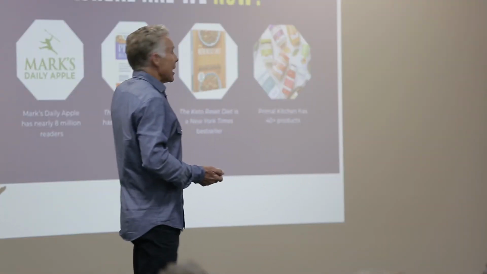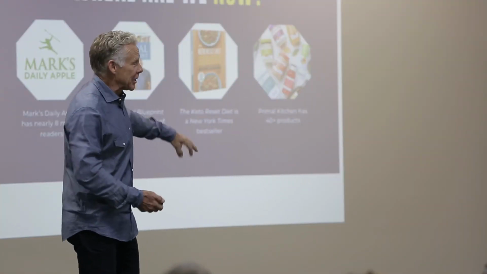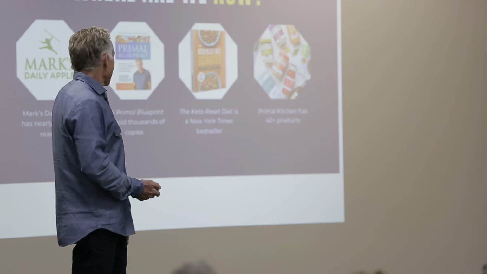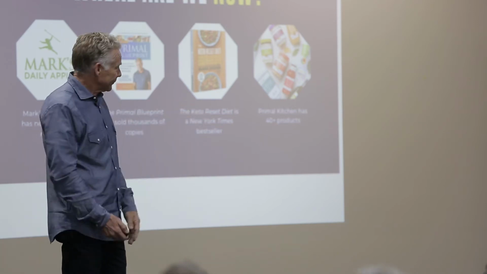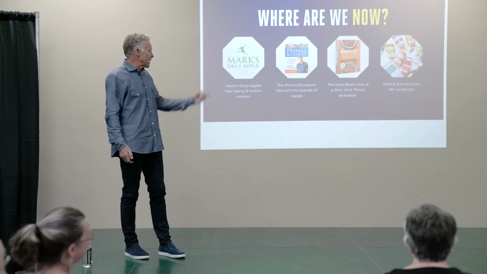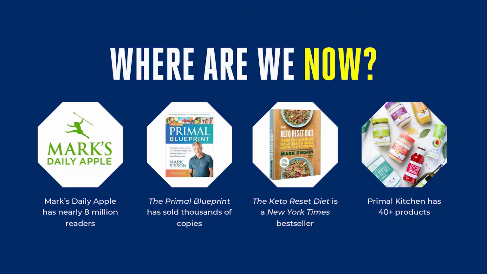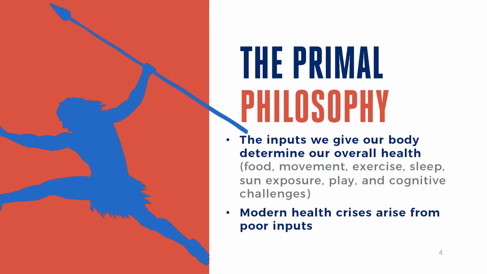So now it says thousands. Well, at least they didn't put hundreds. Has sold hundreds of copies, right? Keto Reset Diet, which came out in October, is a New York Times bestseller. And now in Primal Kitchen, we have 40 products. So that's kind of how we got to where we are.